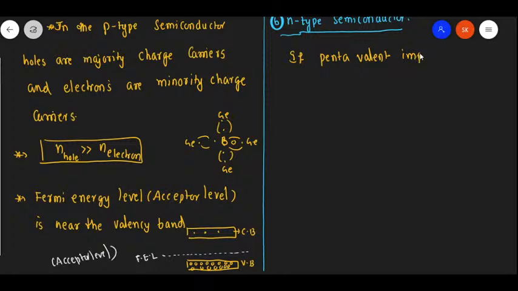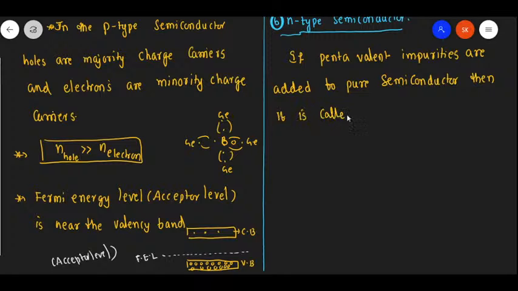If pentavalent impurities are added to a pure semiconductor, then it is called an n-type semiconductor. Okay, n-type semiconductor. Clear, students? Right. Now what do we have to do here? Pentavalent impurities we have to add.